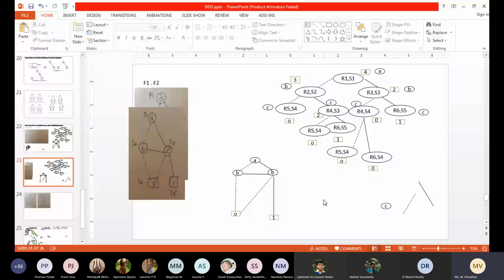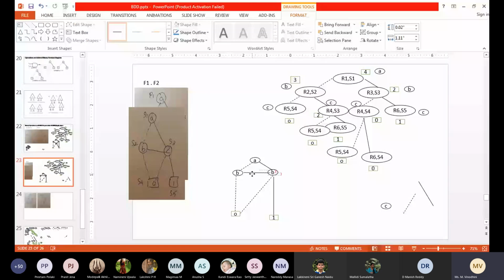Is this right? Think over. So for F1 dot F2, this will be the final. Any doubt, ma'am? Please ask me, because this pattern 201 and 201 patterns are same.